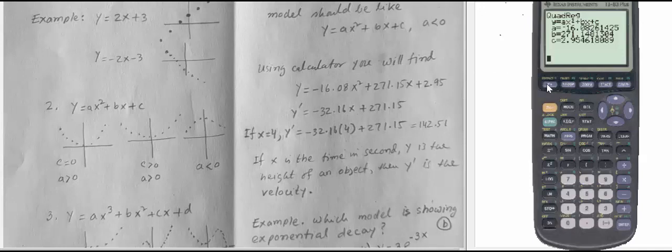Now I can go back here and type my function. That's the second entry I'm giving.